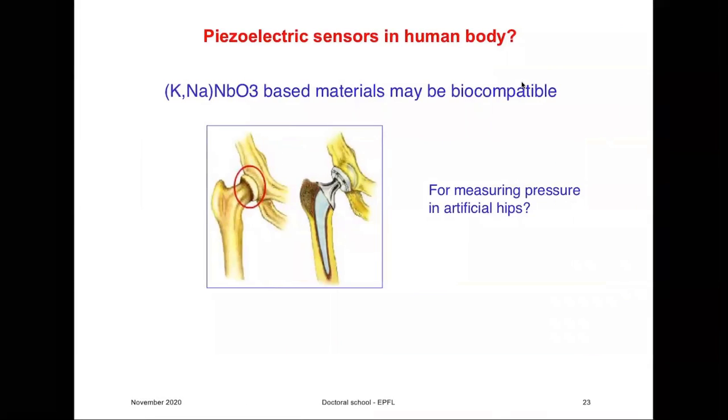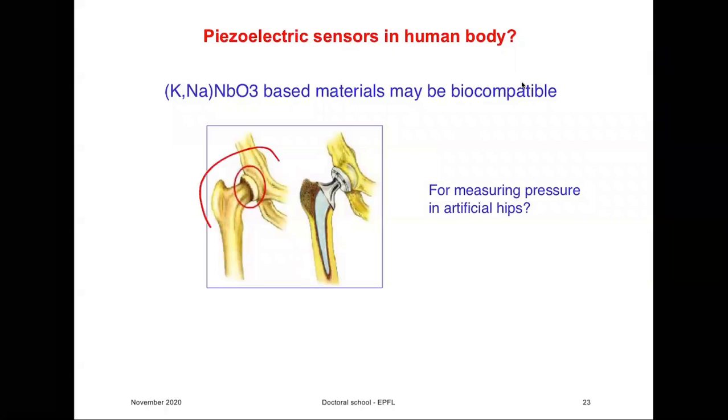You can use piezoelectric sensors also in a human body. This hasn't been done yet, but people are thinking about that. For example, if you have artificial hips and you want to monitor whether there is a crack developing, either in a part that is implanted or in the bones around it, well, it would be nice again to have some system of piezoelectric pressure sensors, which could also send wireless signals and so on.